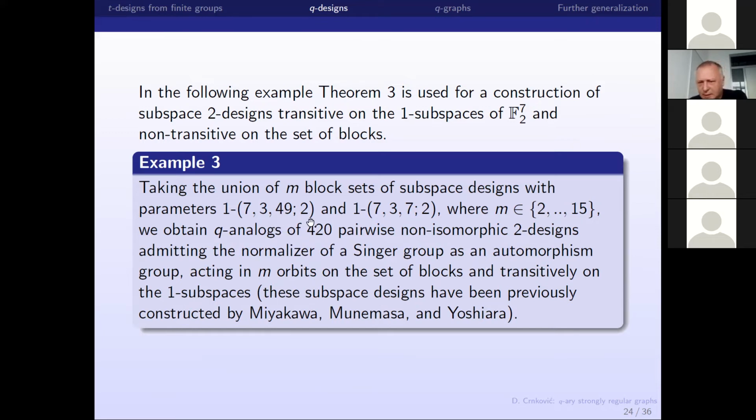All these designs were actually constructed and classified in this paper by Miyakawa, Akihiro Munemasa and Yoshihara. So these are not new designs, but this is just an example that they can be constructed using this theorem: 1-designs are constructed using these theorems, and then we can combine these 1-designs and obtain 2-designs.